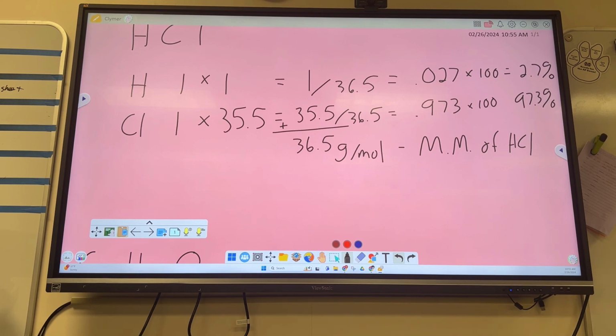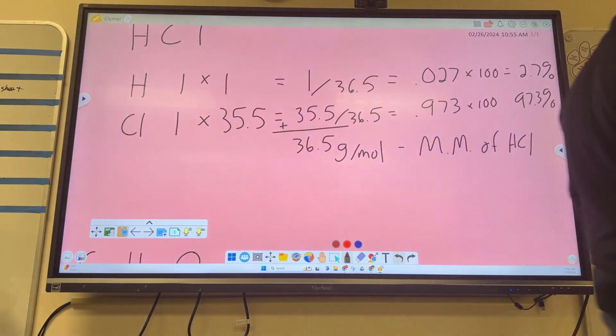Again, this is not complicated, crazy math. This is just percents. This is a little bit of dividing, a little bit of adding, a little bit of multiplying. But we're using this to apply it to some kind of concept, right? So if I had 100 grams of HCl, I could tell how much in grams of that is hydrogen and how much of that would be chlorine.